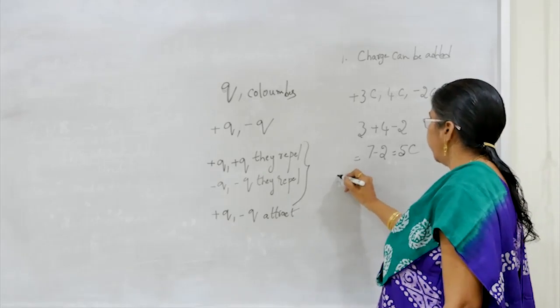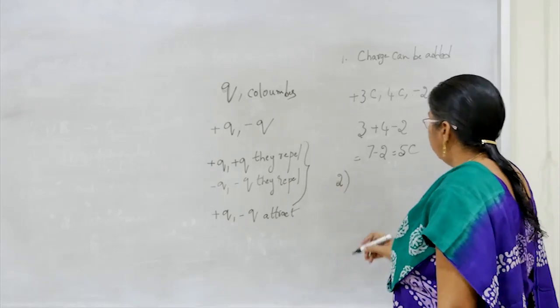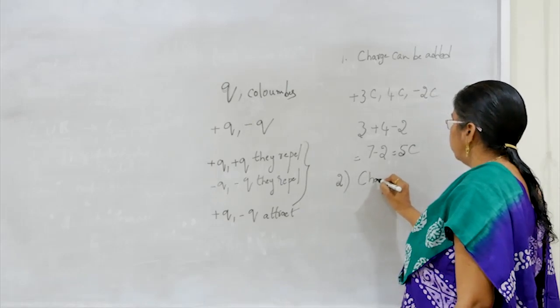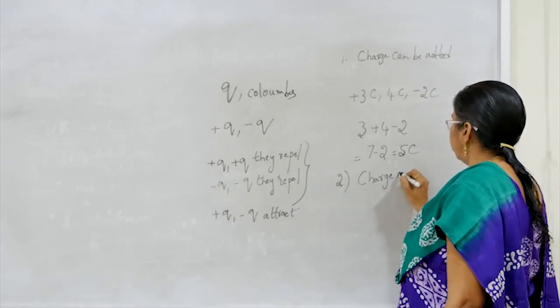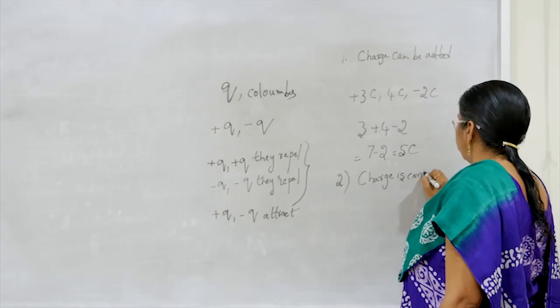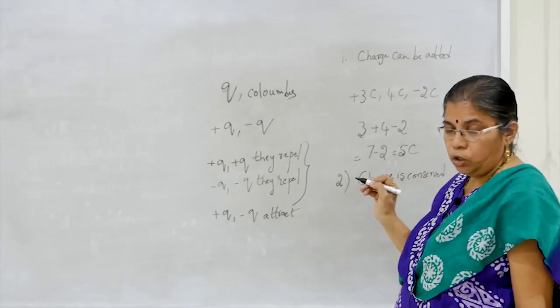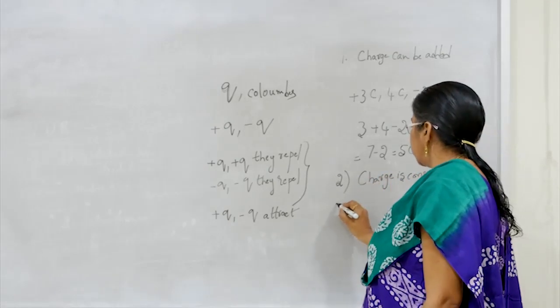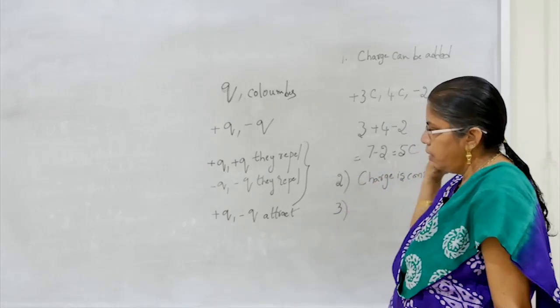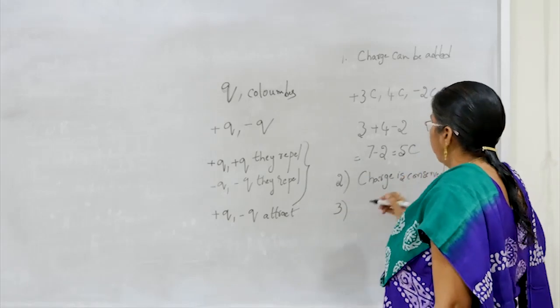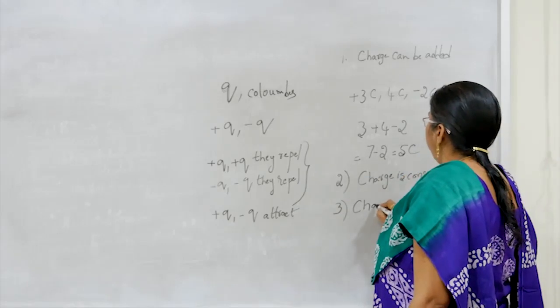Next, the second property is charge is conserved. Means it can neither be created nor be destroyed. Next, the third one is charge is quantized.